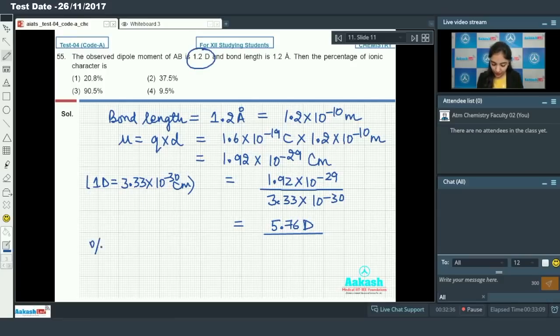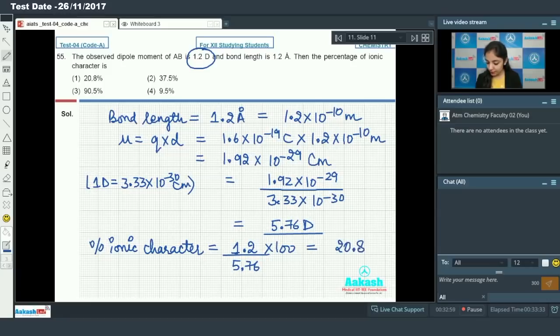So the percentage ionic character will be equal to mu observed divided by mu calculated. Mu observed is 1.2 and mu calculated is 5.76, into 100. If we calculate this, it will come out to be 20.8%. So option number 1 is the correct answer.